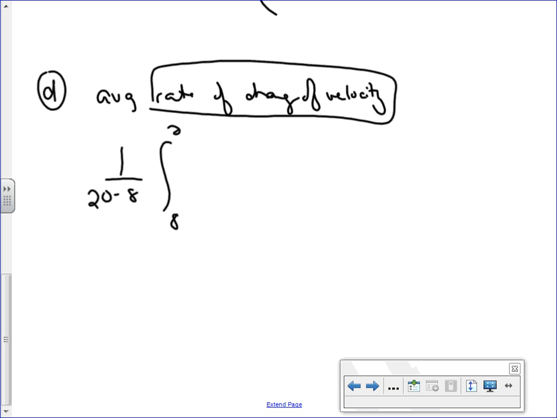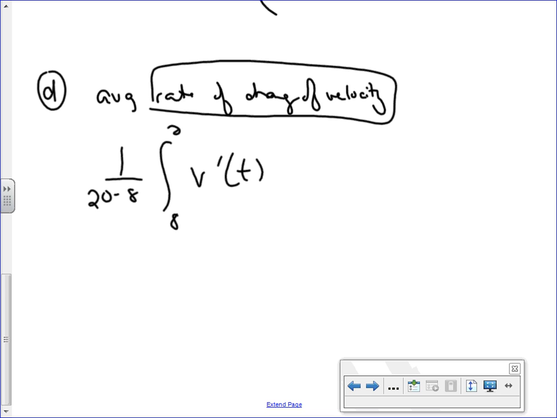So what do I put here, v or v prime? I want the average value of the rate of change of velocity. I put the rate of change of velocity here. So what do I put here? I put v prime. Y'all see?